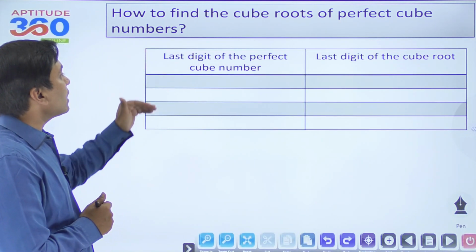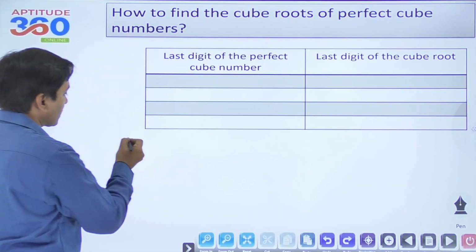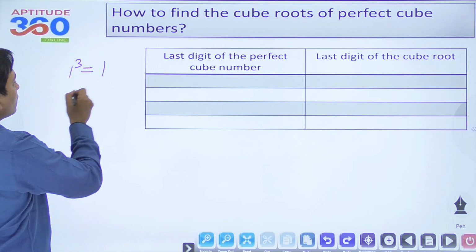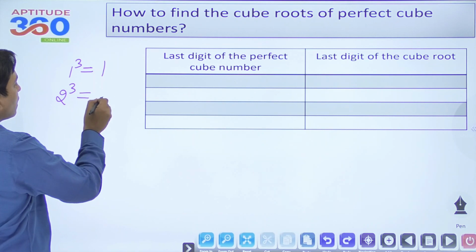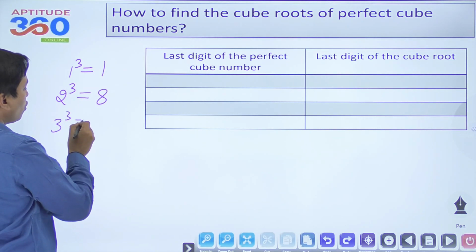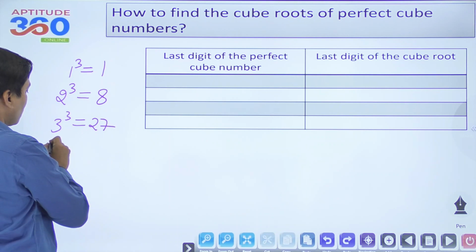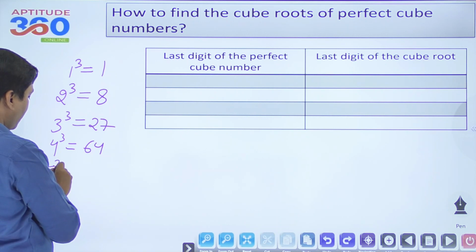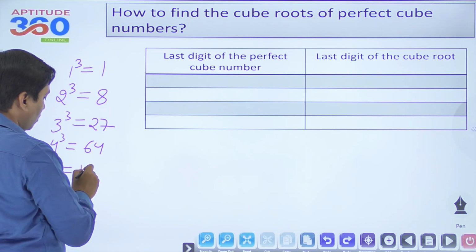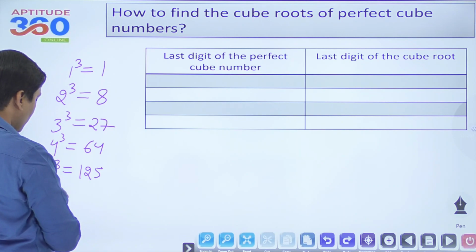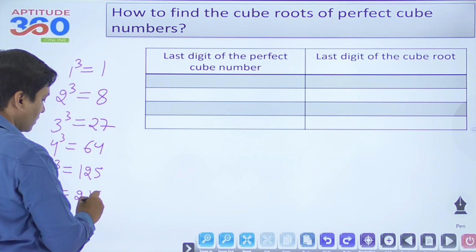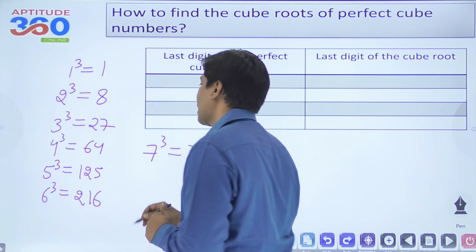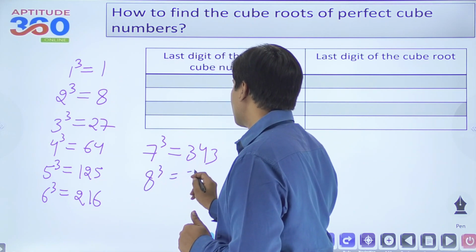Something like this. So last digit of a cube, you see this. Before we do anything else, you see this. 1 cube is 1. 2 cube is 8. 3 cube is 27. 4 cube is how much? 64. 5 cube is 125. 6 cube is 216, isn't it? 7 cube is 343. 8 cube is 512.